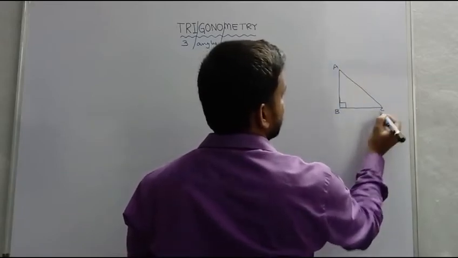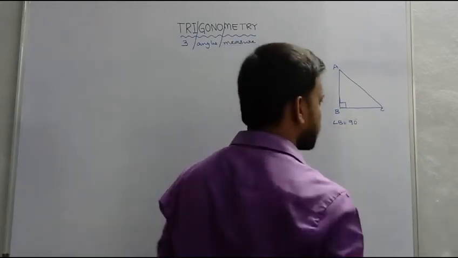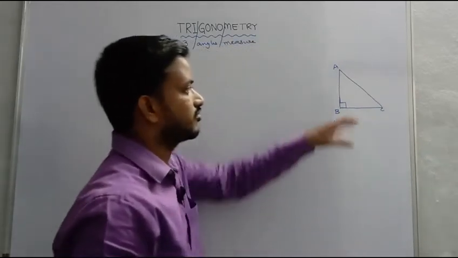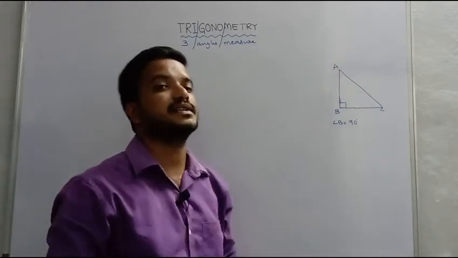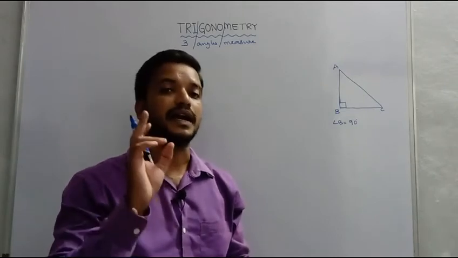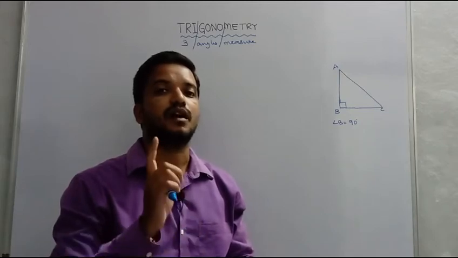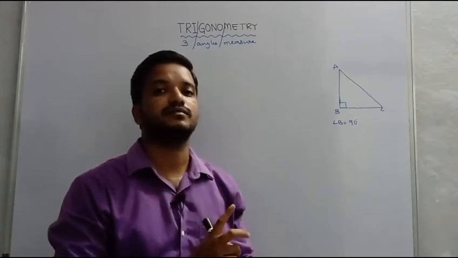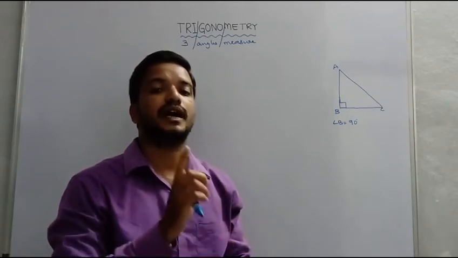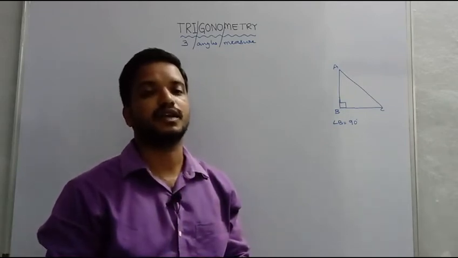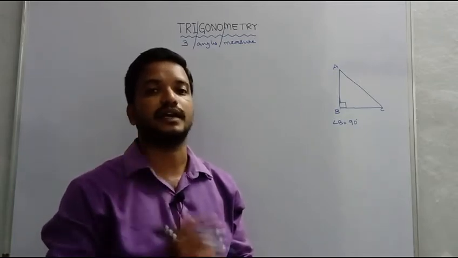A, B, C, angle at B is 90 degrees, so we call triangle ABC a right angle triangle. And remember, the trigonometric ratios are derived for a right angled triangle only. In order to derive the trigonometric ratios, we should have a right angle triangle.